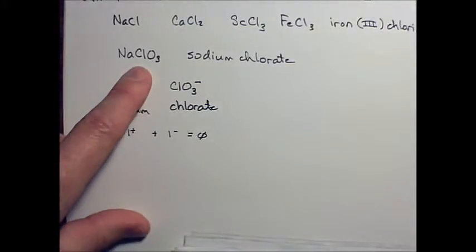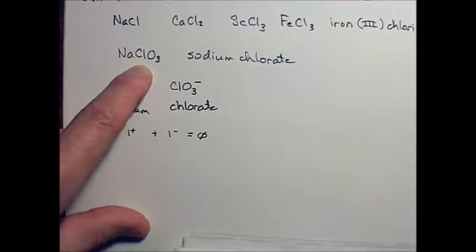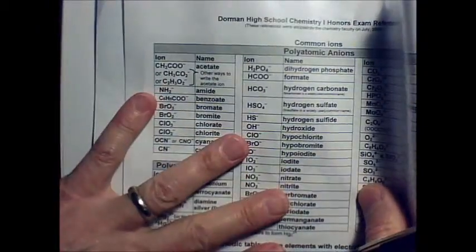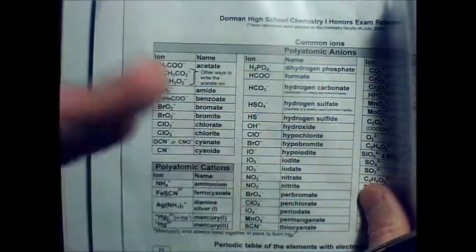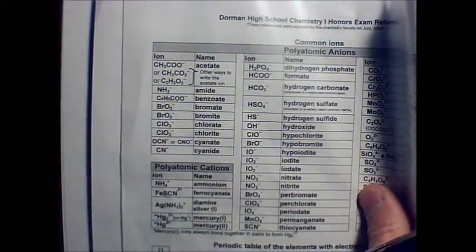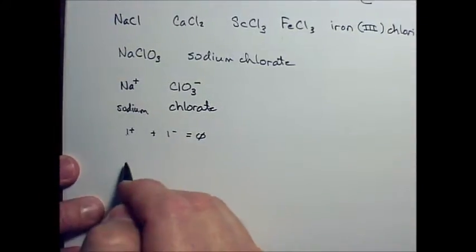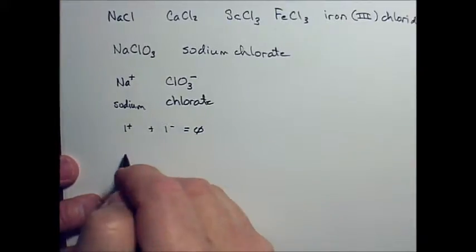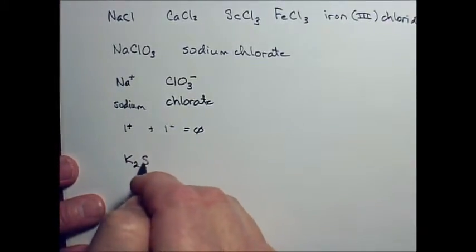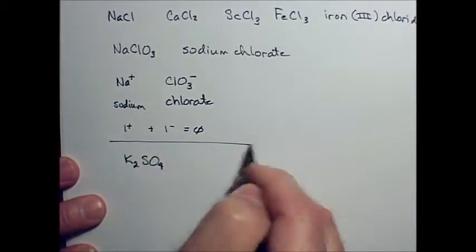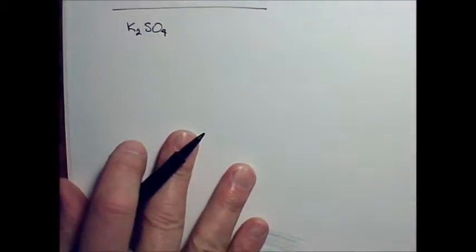You just recognize more than two elements, find something like it on the polyatomic ion list, and then I can name it the way it appears. Okay? Let's try another one then, okay? Let's see if we can name this compound then, using that same system.